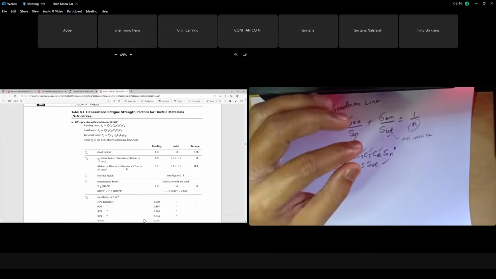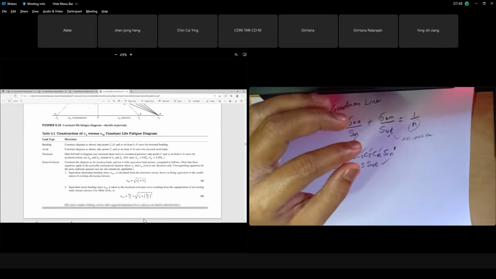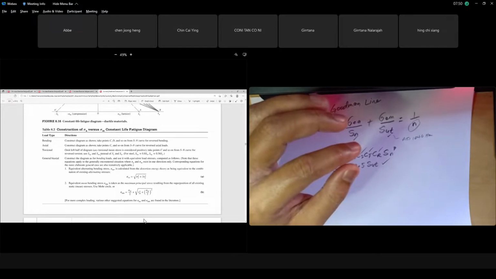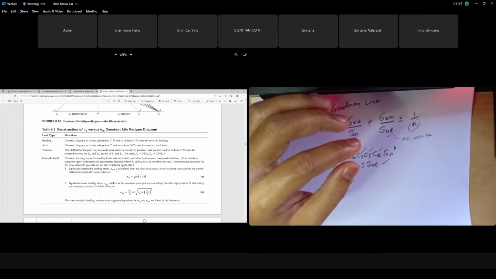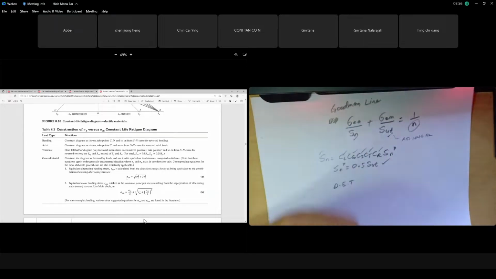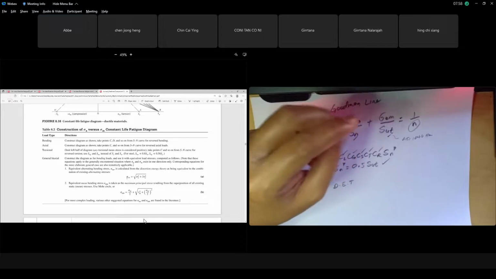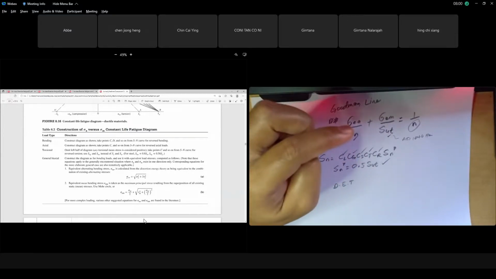Remember in your textbook, when we have combined stress, you have to take that into consideration. If you have biaxial stress, a combined stress, you have to find the equivalent. In this exercise, you have normal stress and you have torsion stress.